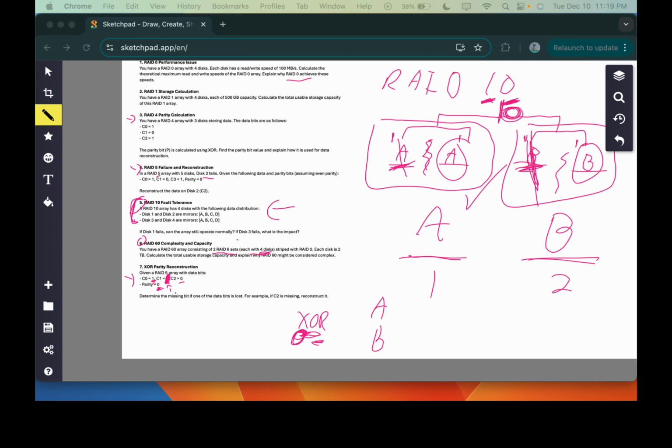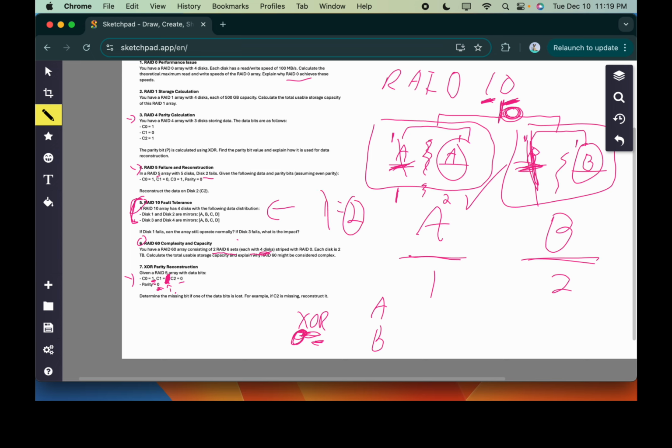I have a quick question. When it says disk 1 and disk 2 are mirrors, does that mean that 2 is mirroring 1, or 1 is mirroring 2, or vice versa? It just means they have the same data. If this one dies, you still have it here. It doesn't matter which is the mirror.